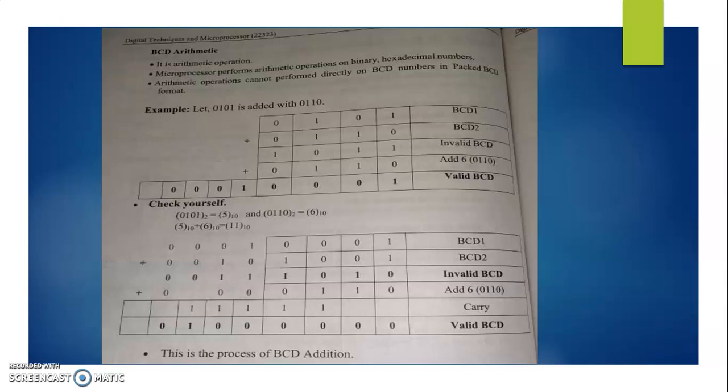Let us add 0101 plus 0110. Here 1 plus 0 is 1, 0 plus 1 is 1, 1 plus 1 is 0 with carry 1, and 1 plus 1 is 0 with carry 1, so we get 1011.